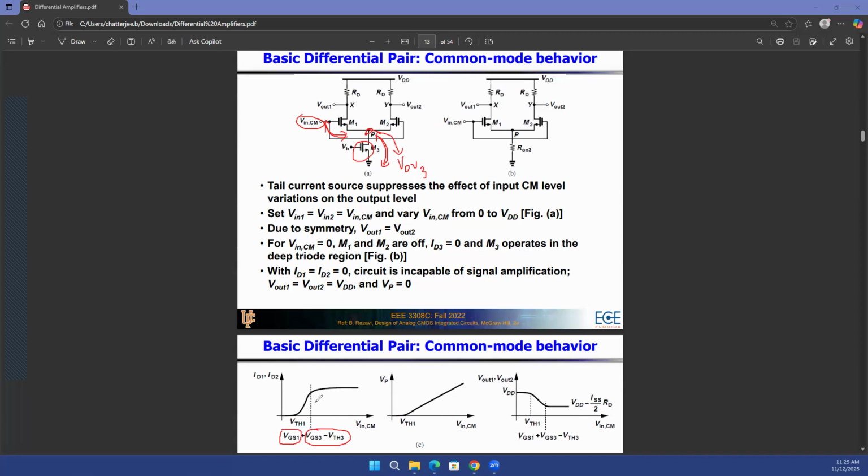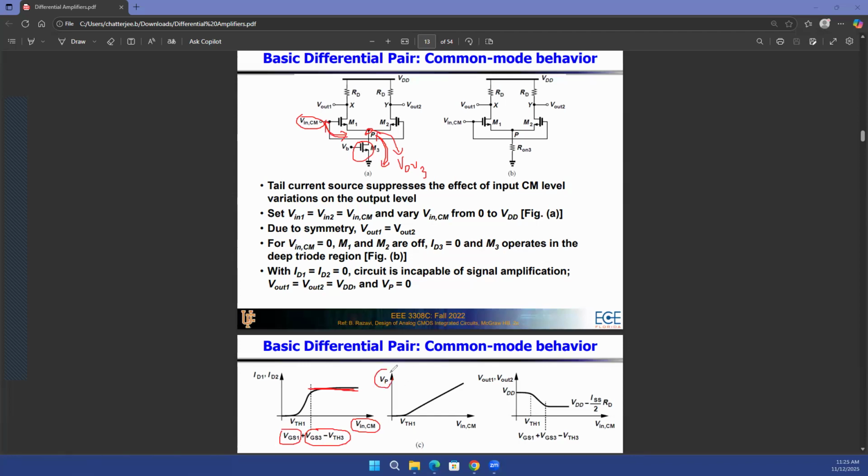If my V in CM is higher than that, then only do I ensure that transistor M3 is in saturation. Before that, transistor M3 is not in saturation. So only after transistor M3 goes into saturation do you see this constant ID current for both these branches. Before that, you will not see that constant ID current because the transistors are not in saturation.